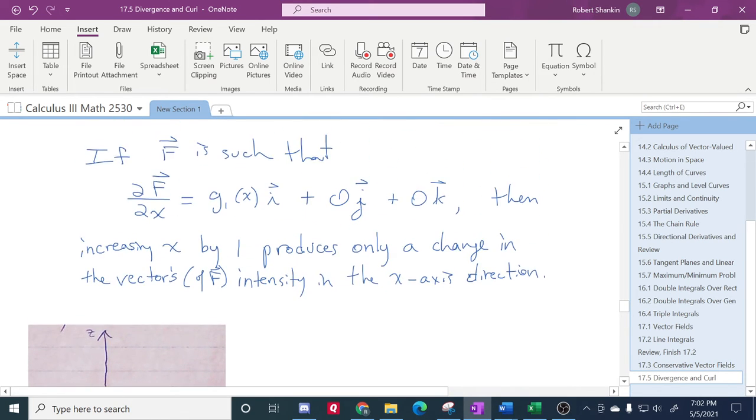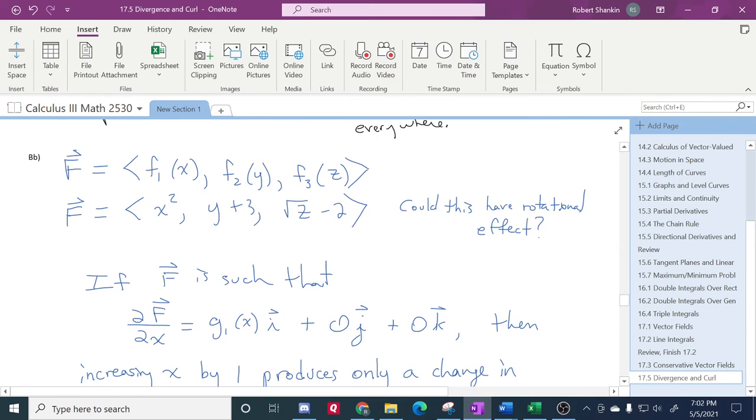Okay, so it turns out this is impossible as well. Under these conditions, you cannot create rotation.